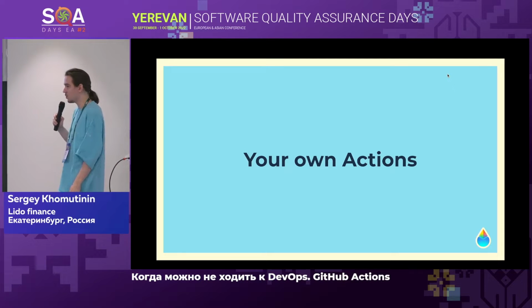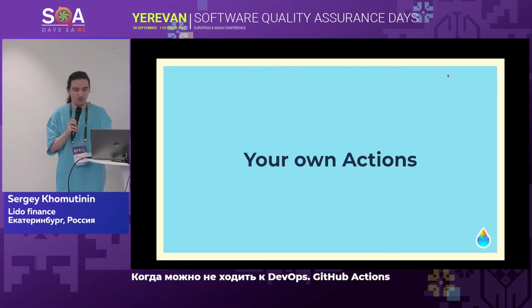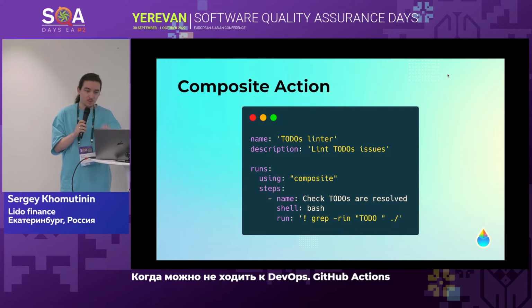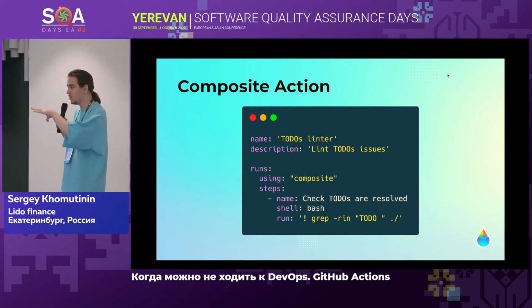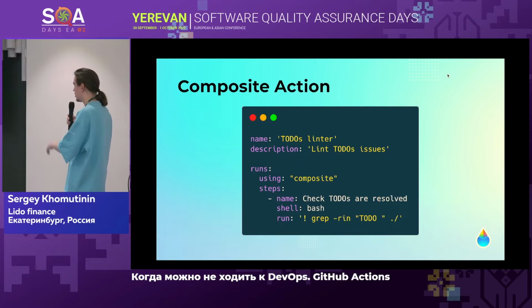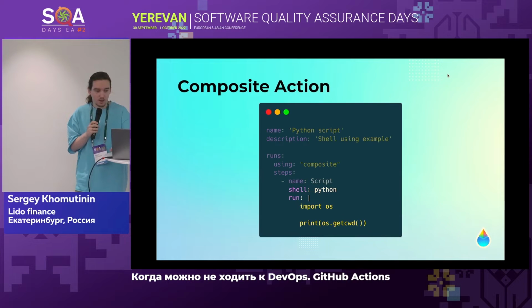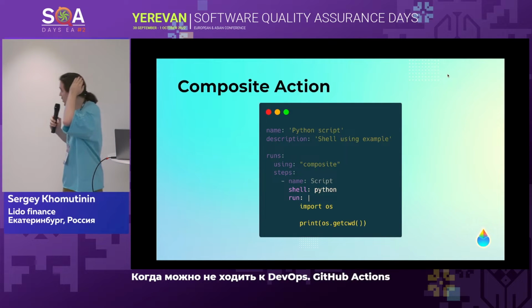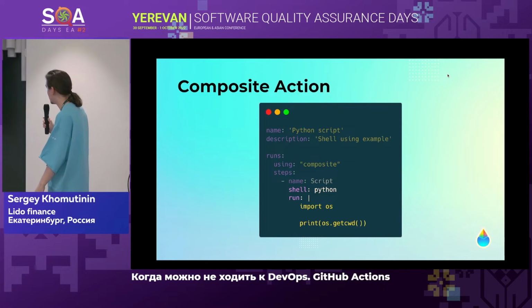Of course, we can write our own GitHub Actions simply to reduce the code we have in projects. A composite action could be an option as well. The workflow becomes a separate action, and then it can run in just a single line. And we don't have to use the shell in such an action.